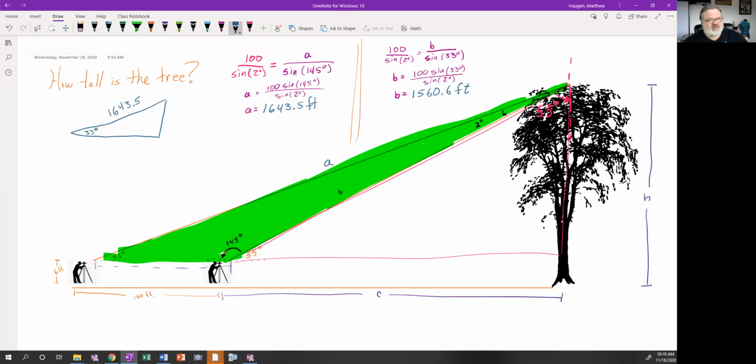For law of cosines, we really need two sides. So I'd argue against law of cosines as well.